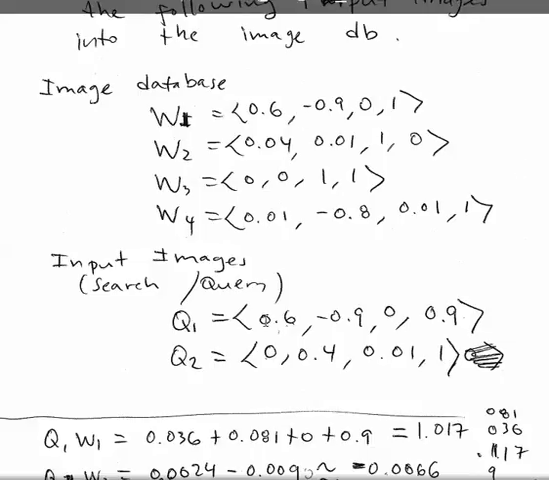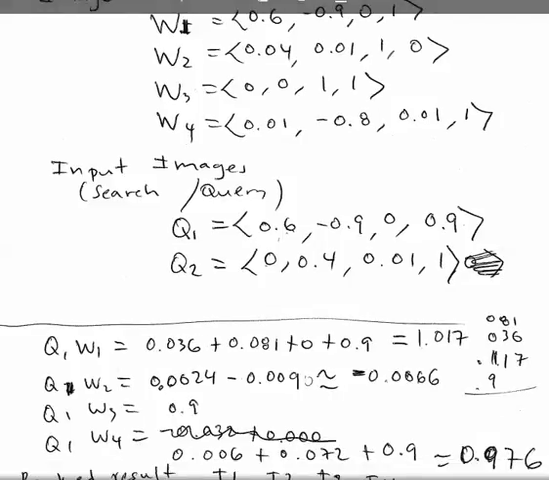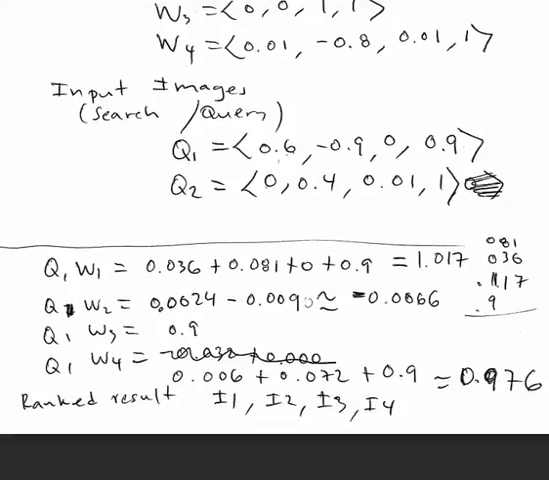You multiply each element, 0.6 times 0.6, that's how you get 0.036. Negative 0.1 times negative 0.1, positive 0.081, 0.1, and so on. And then you add those numbers, and you have a way of ranking the results. So if you're computing Q1 with the other images, these are the results, ranked.